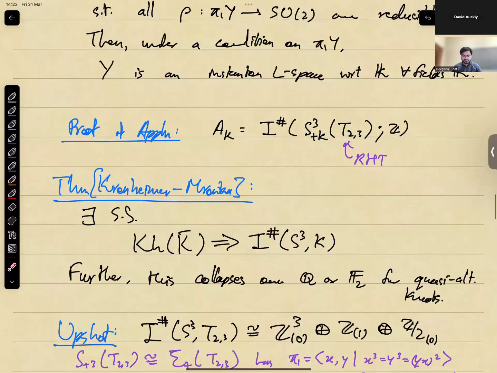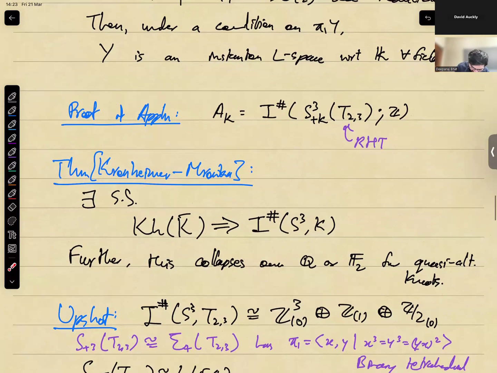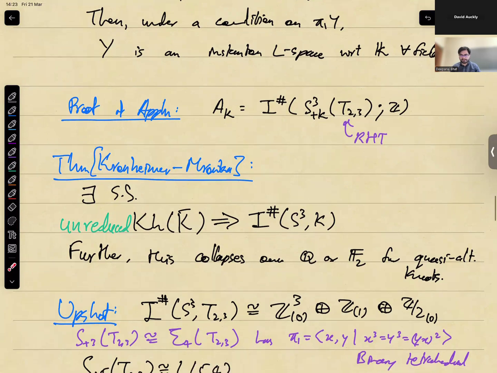For this situation, there's a result of Kronheimer-Mrowka that we'll use, which shows that there's a spectral sequence from the unreduced Khovanov homology to I-sharp, the instanton knot homology for your knot in S3.